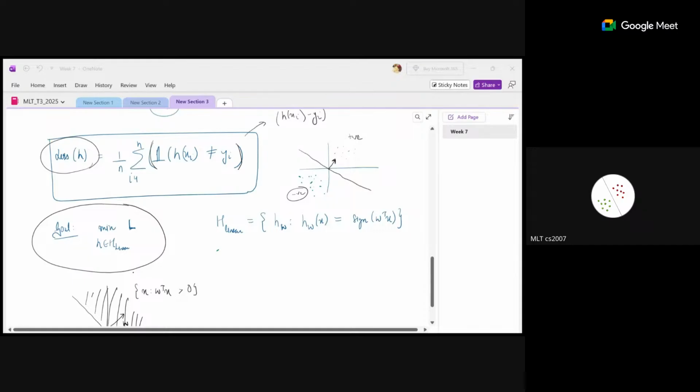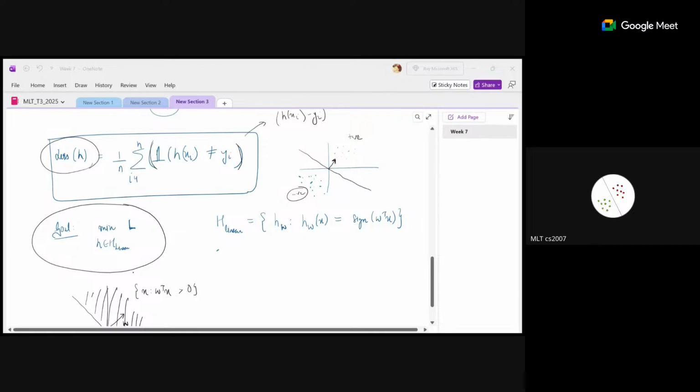As we were able to do in the case of regression, where we were able to find that W and come up with the model. But in this case, because of the non-differentiable or discrete nature of this loss, we are not able to differentiate this loss function.